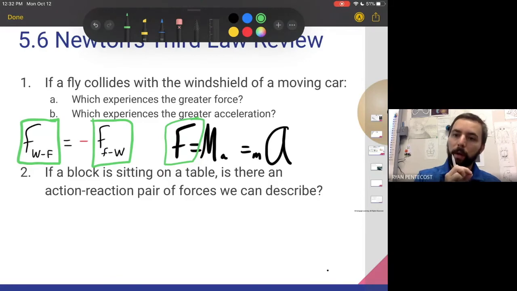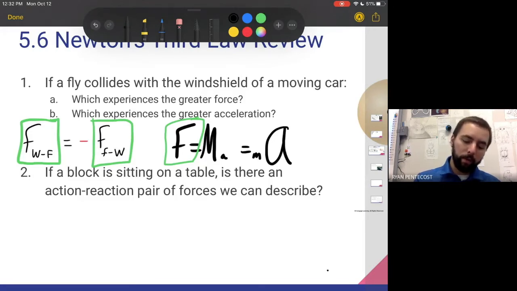The one with small mass experiences large acceleration. And in this case, that acceleration exceeds the integrity of the object, and the object breaks. In this case, it's a fly splatting on a windshield, but the fly breaks under that acceleration, under that force.